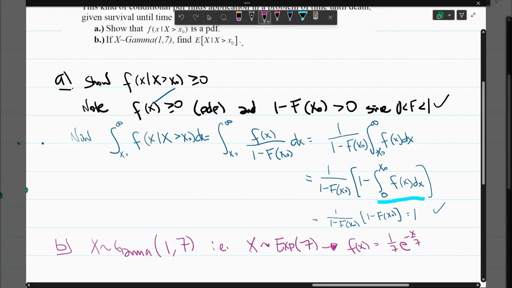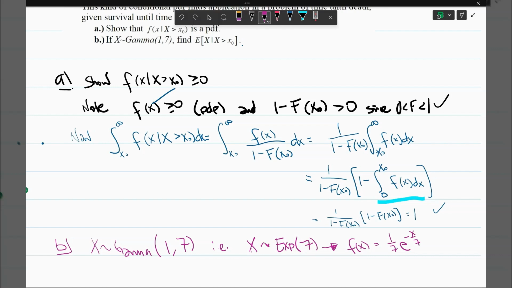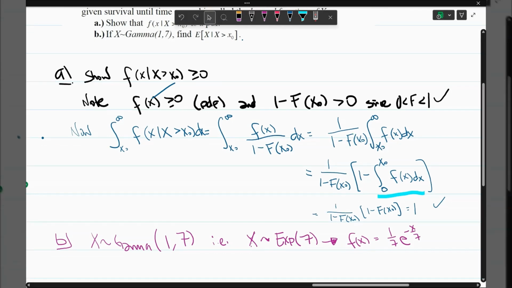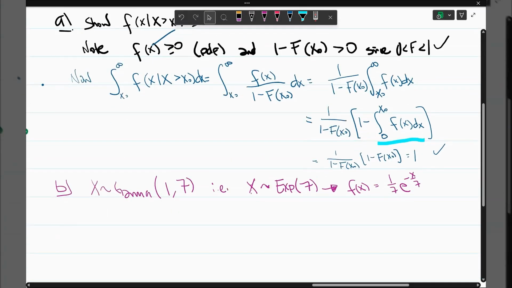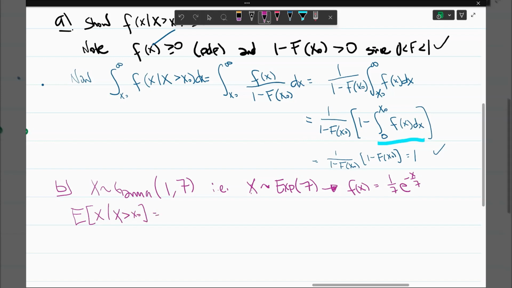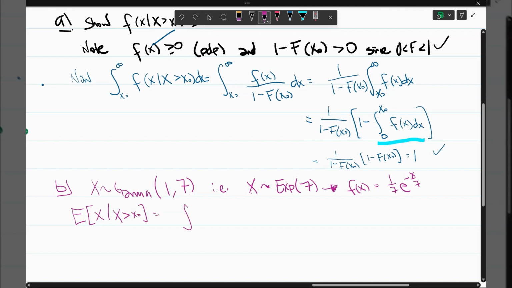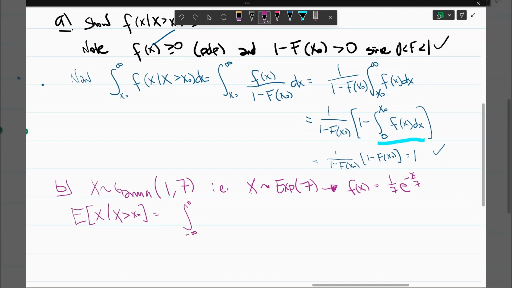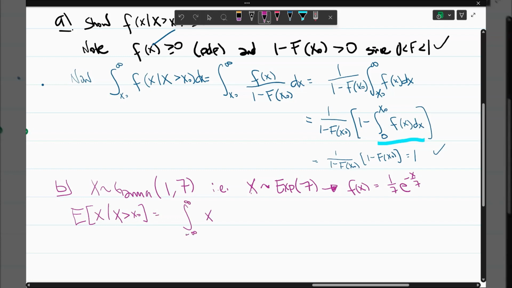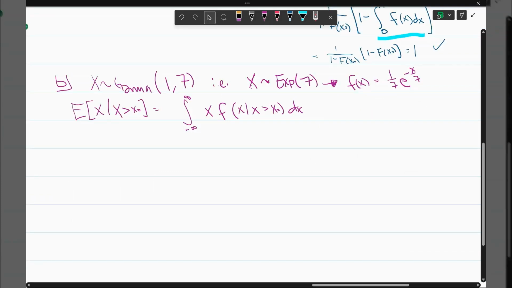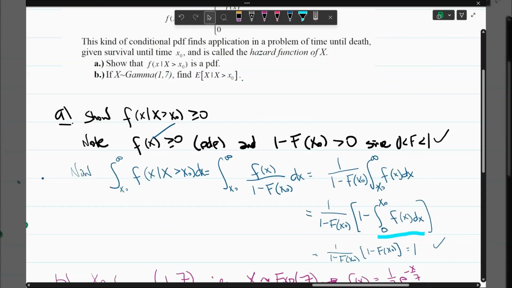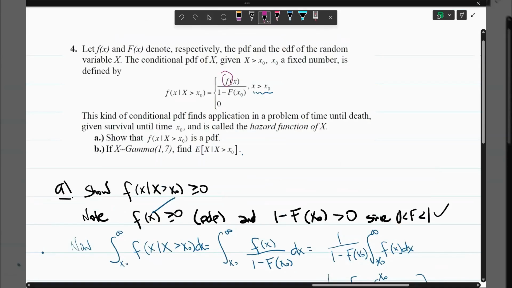So we want to find the conditional expectation of X given X is bigger than x naught. In other words, we know that this expectation is going to be the integral over the entire domain of the random variable of x times the conditional PDF. Now we know for this situation, this conditional PDF is defined by the CDF and the PDF, right?